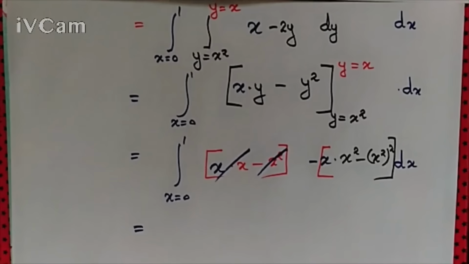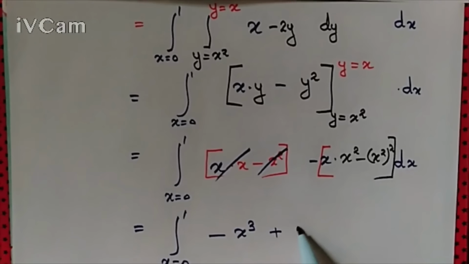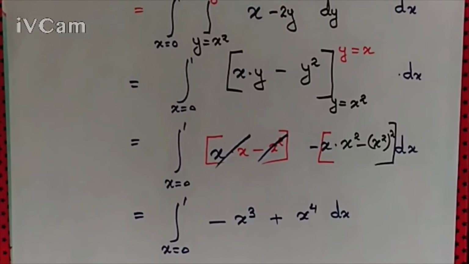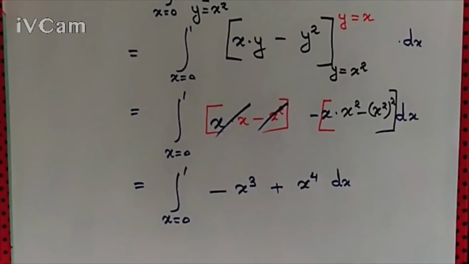And so we have this equal to x is changing from 0 to 1, minus x cube plus x to the power 4 dx. Well, that's the simple integral. Integral of x cube is x to the power 4 by 4. x to the power 4 is x to the power 5 by 5.